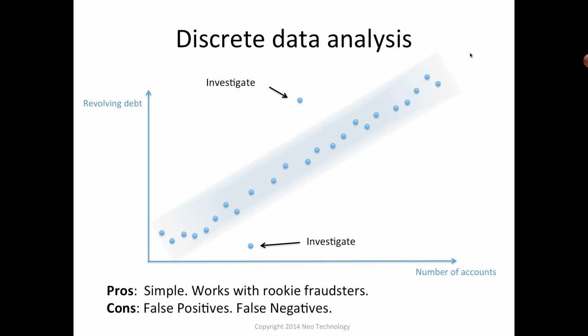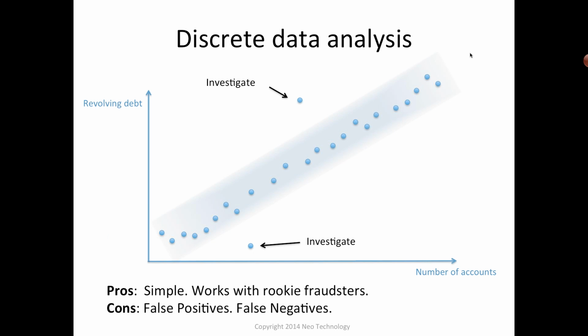very qualified and very overworked, because what happens using this discrete data analysis is that you have a lot of false positives and a lot of false negatives. Maybe somebody has a high number of accounts and very small revolving debt, and that's a legitimate person.